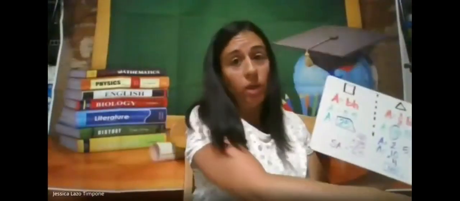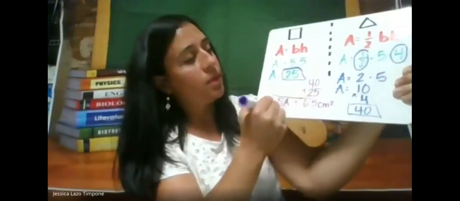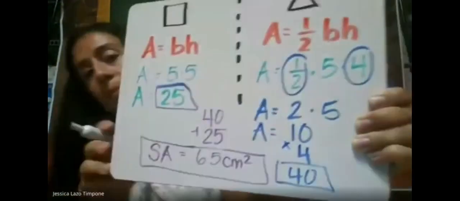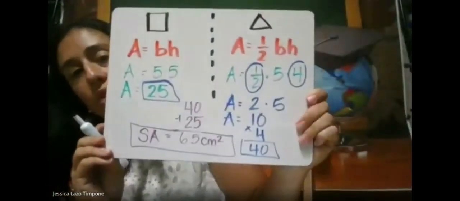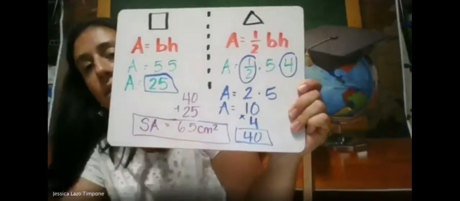And in this case, it is centimeters, and it's centimeters squared, because as we can see when we open it up, it is flat. So 65 centimeters squared is our surface area. Make sure your paper looks just like this. This is your final answer, 65 centimeters squared.